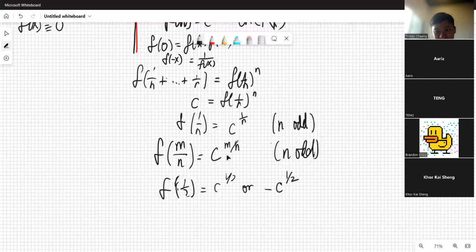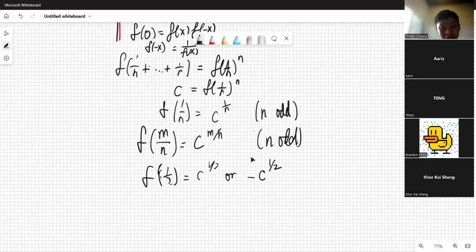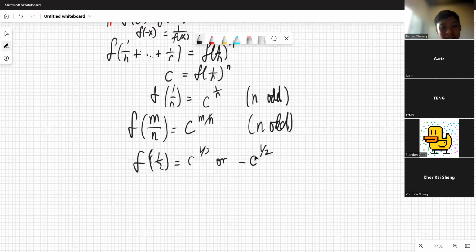And see whether that works. So again, I think it must be continuous, and I think this has something to do with making it not continuous afterwards. So if it's minus c to the half, then what happens?